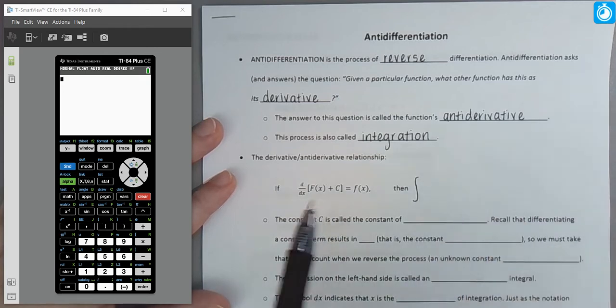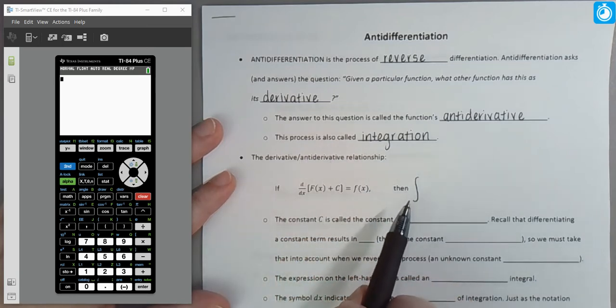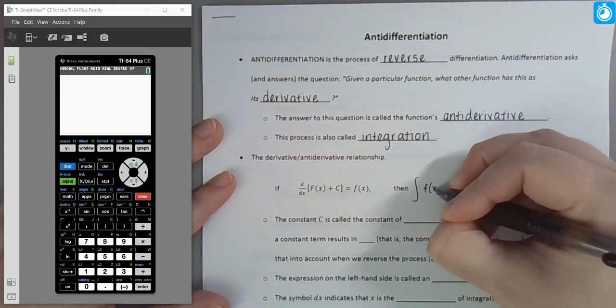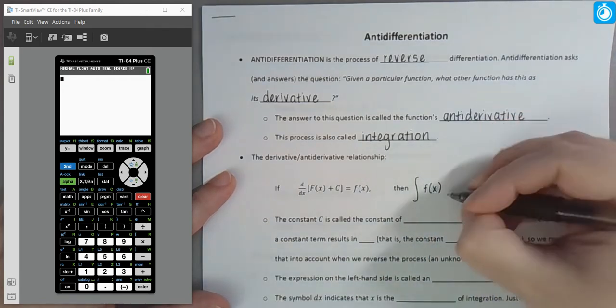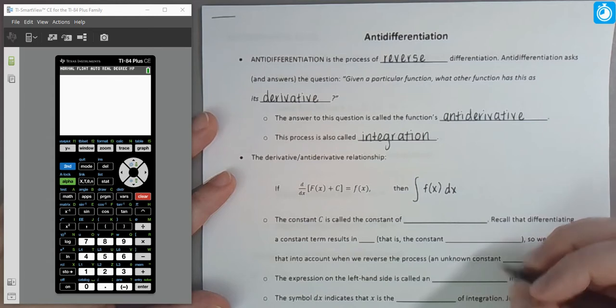So essentially, if we differentiated a function to find its derivative, we are integrating or anti-differentiating the derivative in order to end up with the function we started with.